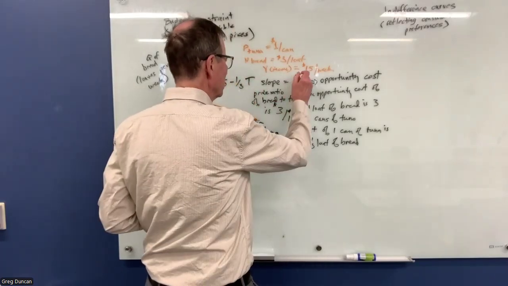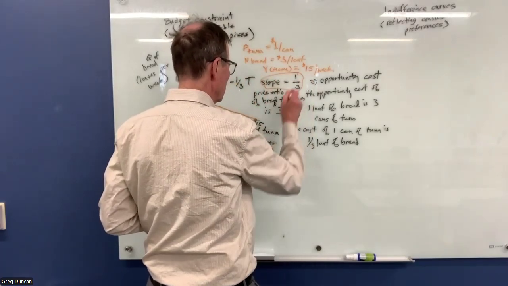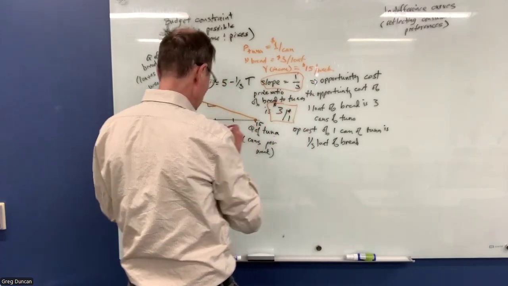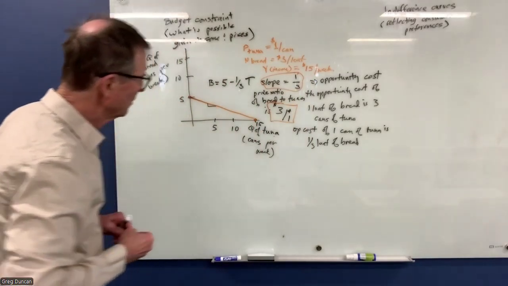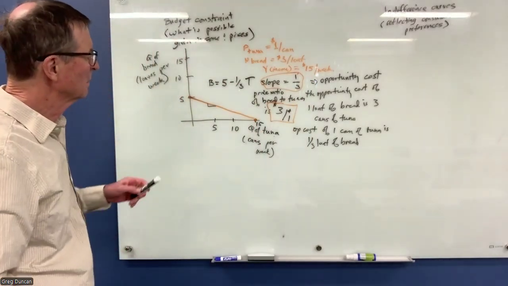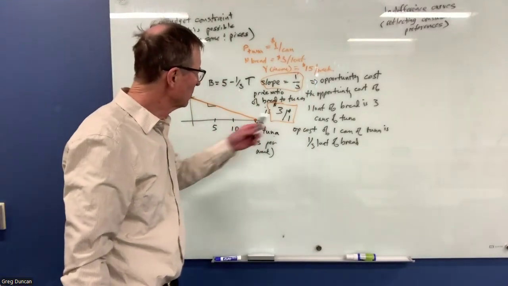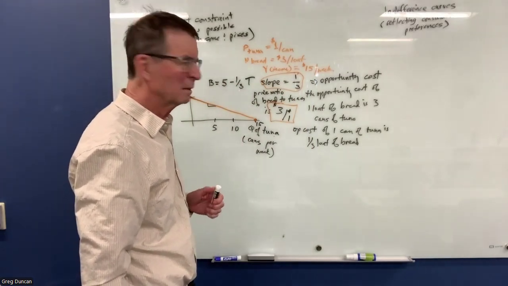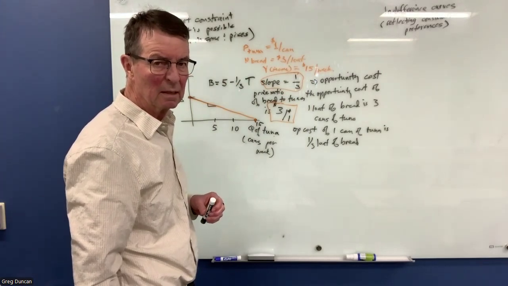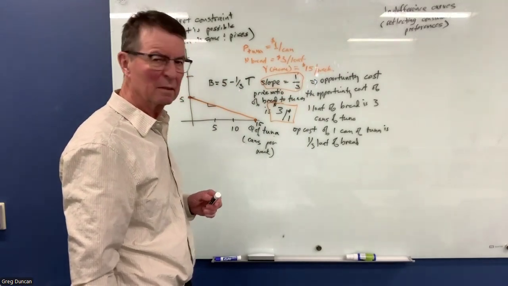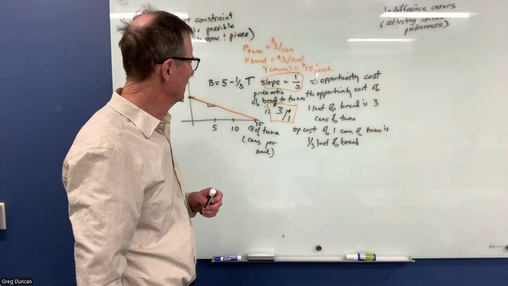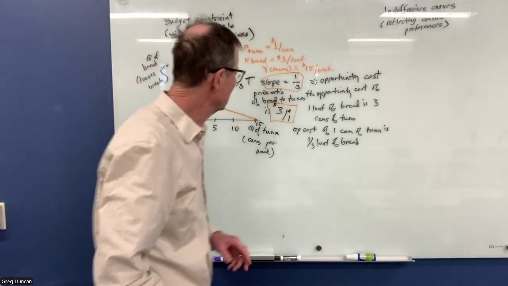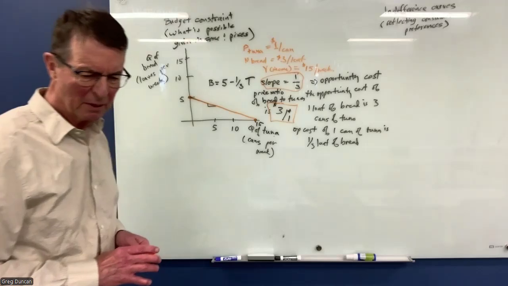So one thing to think about, why is the slope, which is 1/3, the reciprocal of the ratio of prices? Let me give you a chance to think about that. You would not need to spill the beans right away, would you?